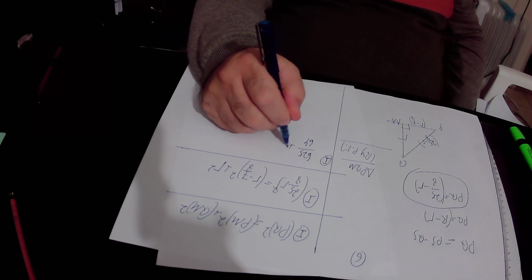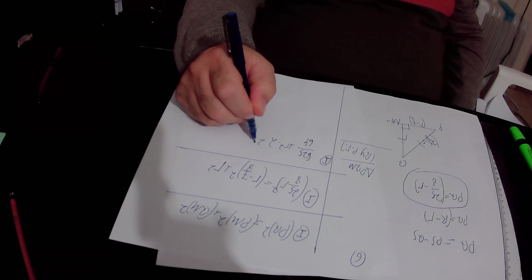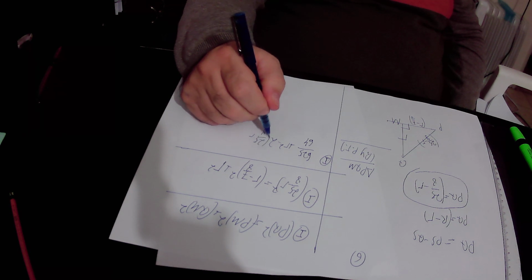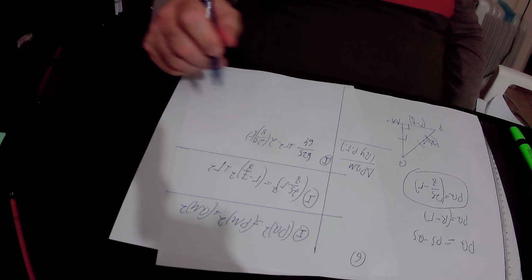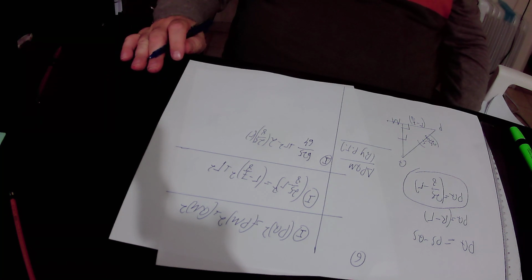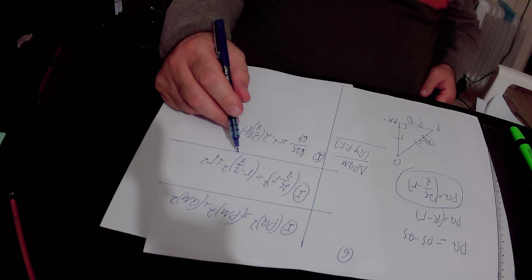Plus r squared minus 2 times 25 over 8 times r. According to the algebraic identity that (a minus b) squared equals a squared plus b squared minus 2ab, we will open the brackets in the same way on this side of equation number 1.